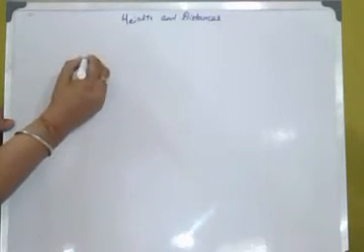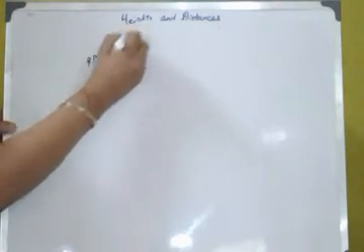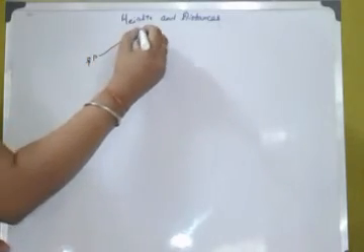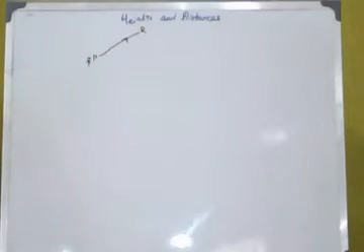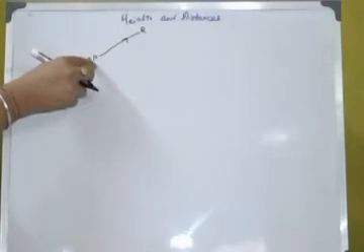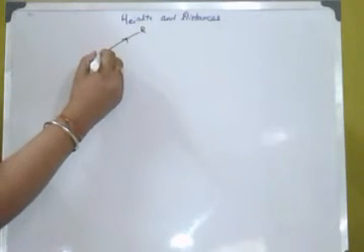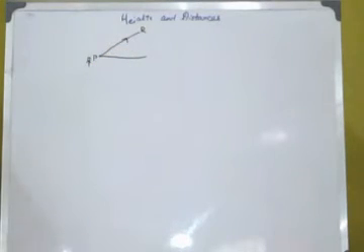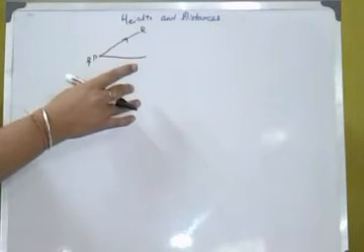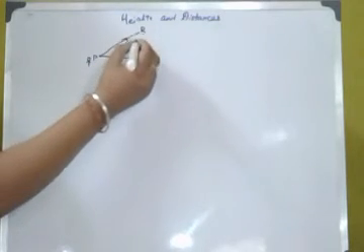Suppose an observer is standing at point P and he is looking at point R. This line is the horizontal line. That means this line is the eye level of the observer.